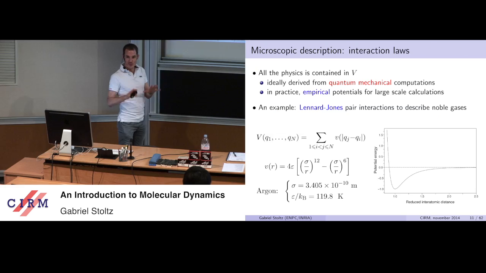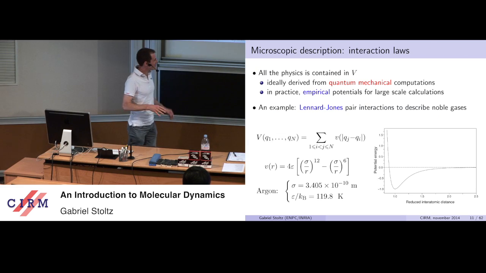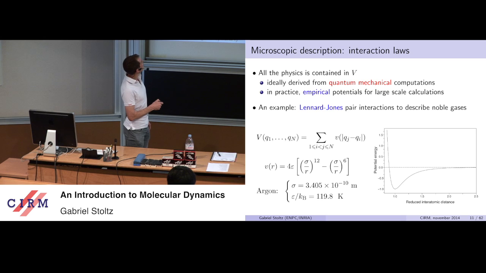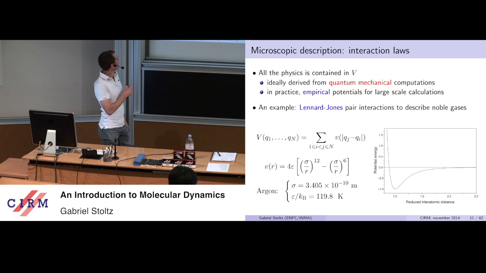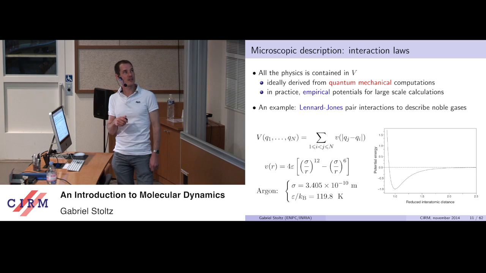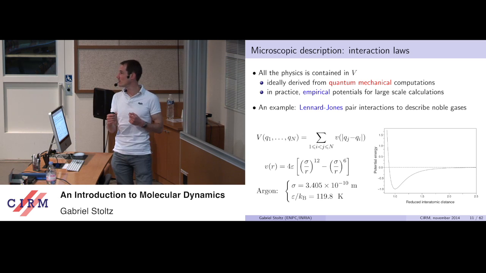So one example, just to give you one paradigmatic example of a potential energy function, would be the Lennard-Jones fluid. In this case, the total potential energy of capital N particles is the sum of pairwise interactions, which depend only on relative distances.